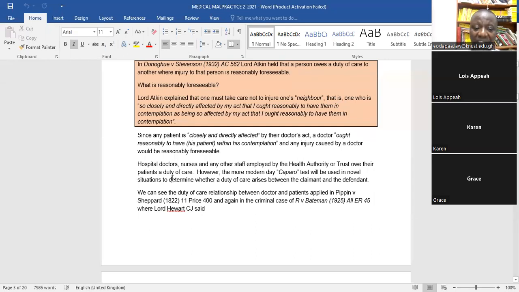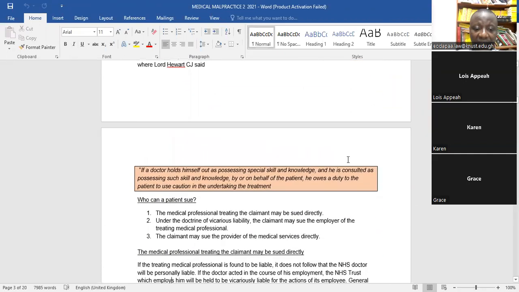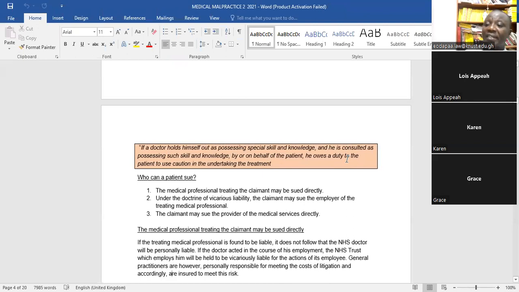Then we ask a question: who can the patient sue? Who can the patient sue? And we noted that ordinarily the patient will sue the particular medical professional who is the primary tortfeasor. That is the person who actually caused the tort or the injury that the patient is complaining about.